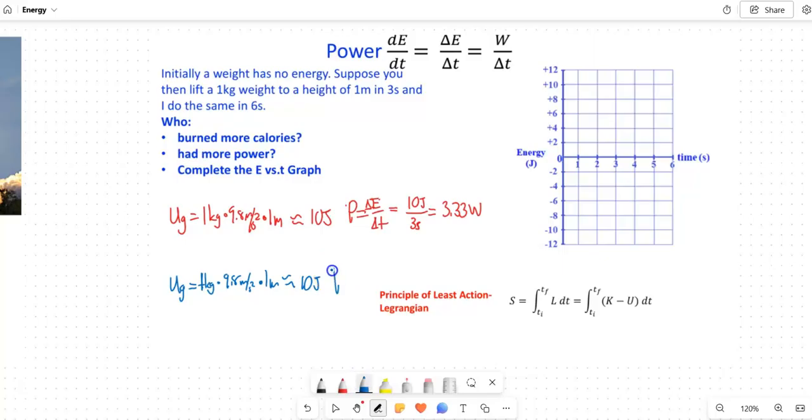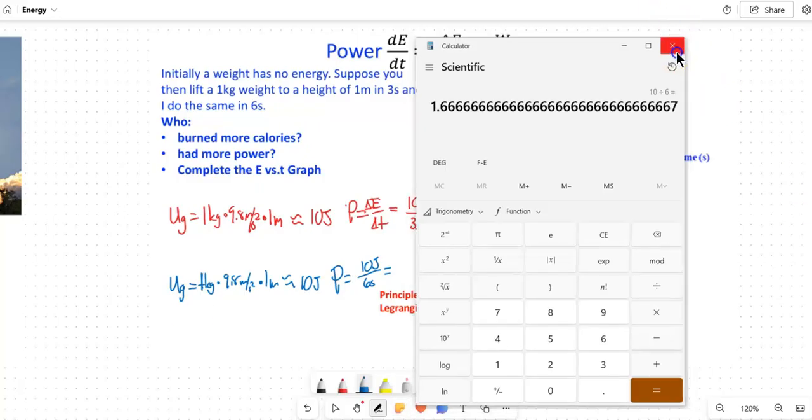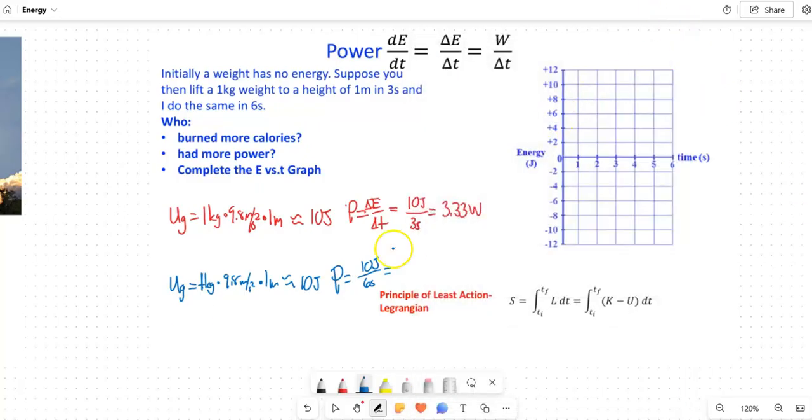My power output is going to be 10 joules divided by 6 seconds, which is 10 divided by 6, 1.67. So my power output is going to be 1.67 watts.